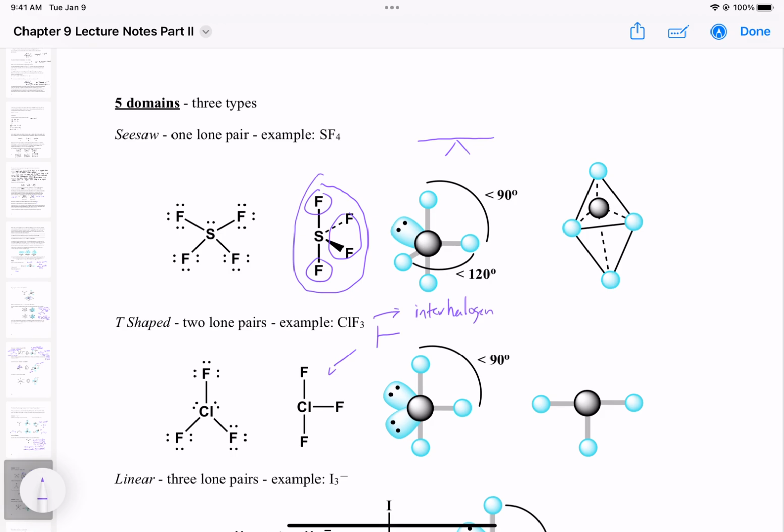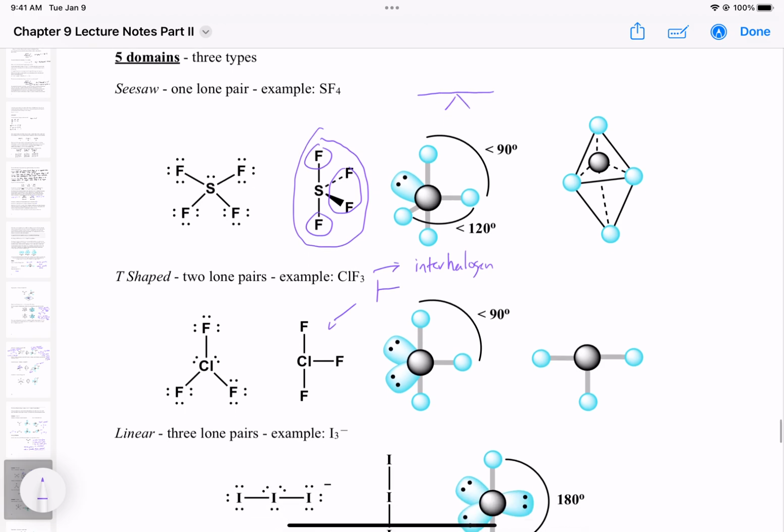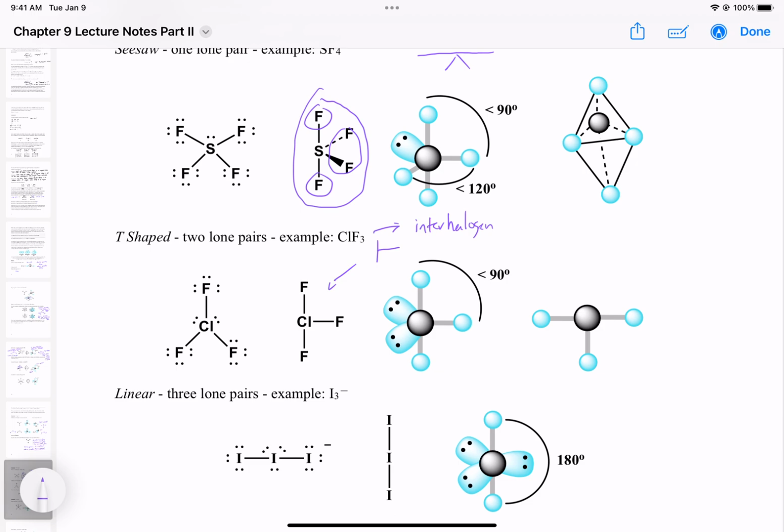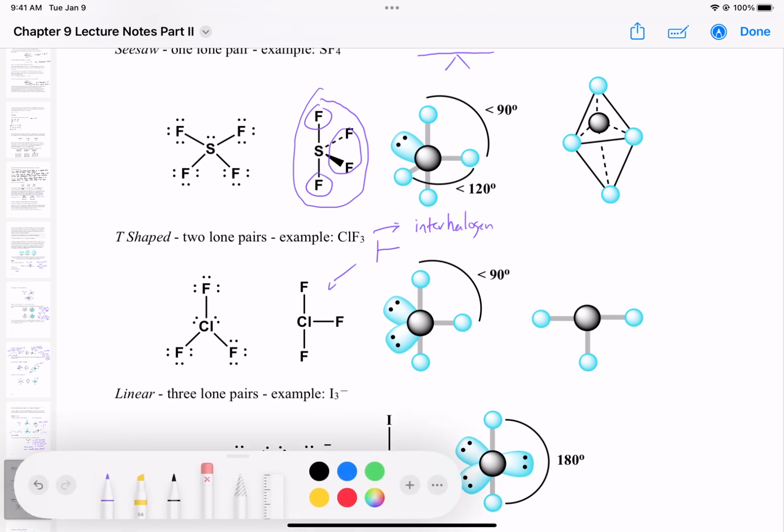Okay. All right, now we have to go to one more iteration here.